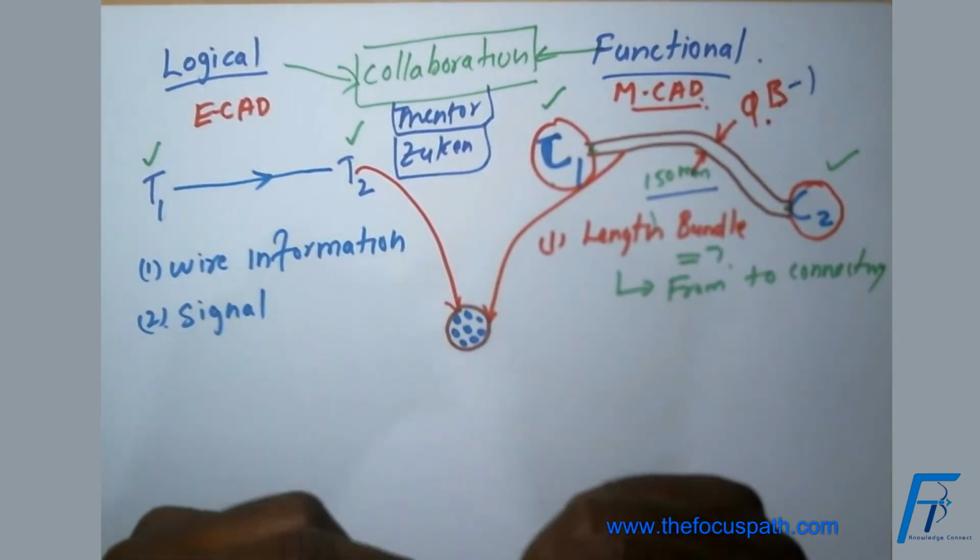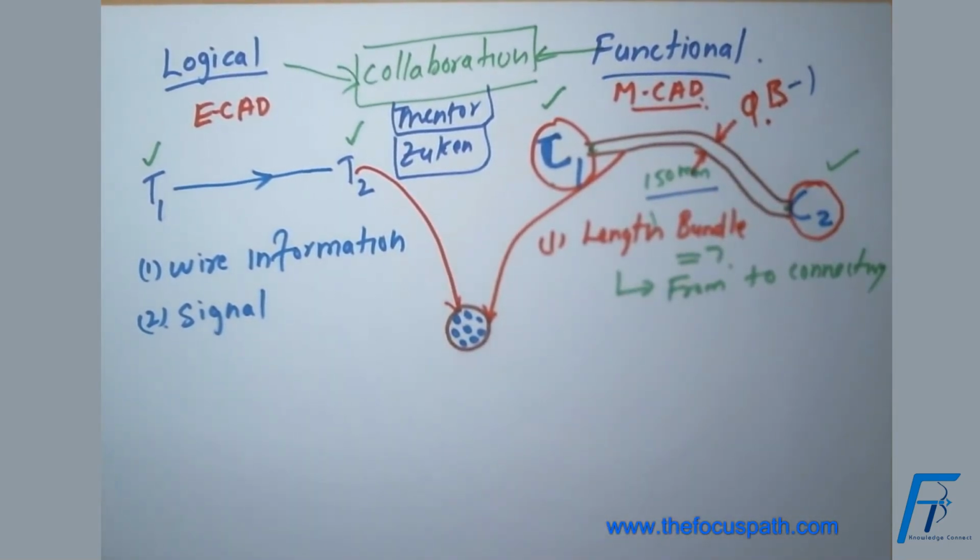So first understand that this is the concept of ECAD and MCAD. There is always a seamless integration between ECAD and MCAD, because if any changes happen on ECAD, they should reflect in your mechanical packaging. Hope you understand the concept of ECAD MCAD collaboration in this session.